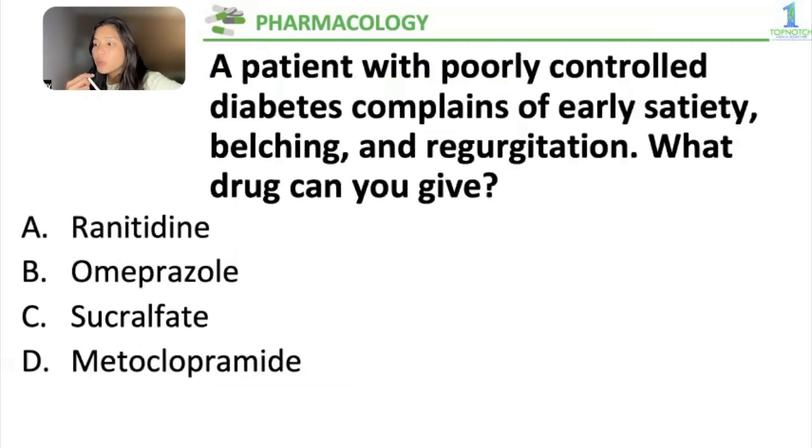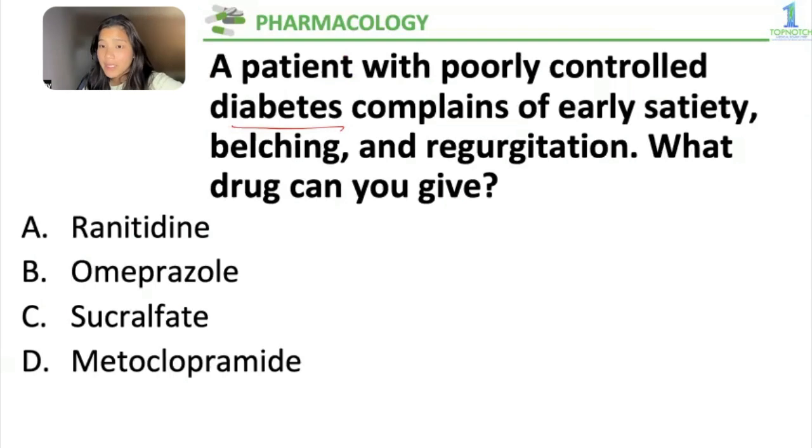A patient with poorly controlled diabetes complains of early satiety, belching, and regurgitation. Which drug can you give? Can you give ranitidine, omeprazole, sucralfate, or metoclopramide? Perhaps the best question would be, what drug should you give? Because technically you can give all of these. But the best answer here, first, what is the patient complaining of? Diabetic, symptoms of dyspepsia, symptoms of delayed gastric emptying.